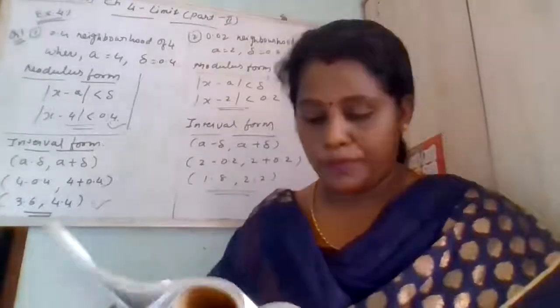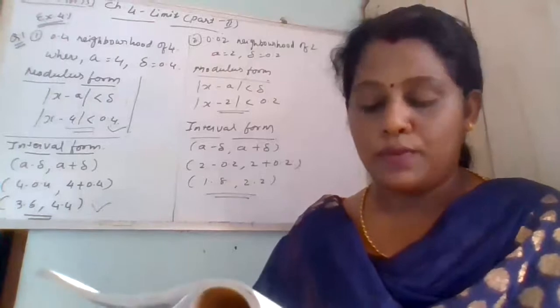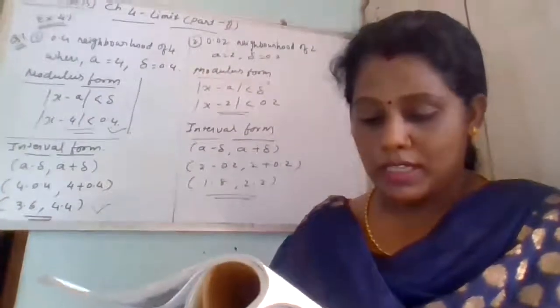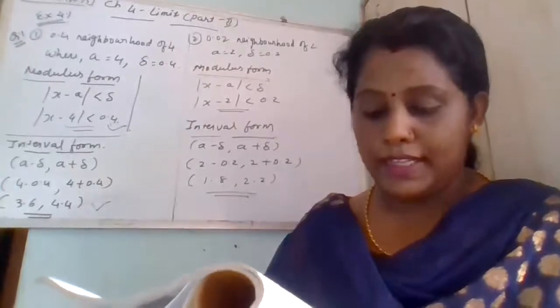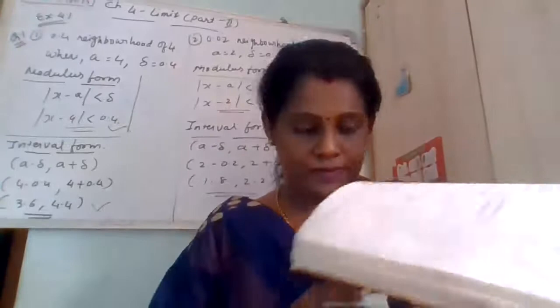Question number 2 is: express the following in interval and neighborhood form, right? Here the modulus form is given and you have to find the interval and neighborhood form. So, let's start with our sum.